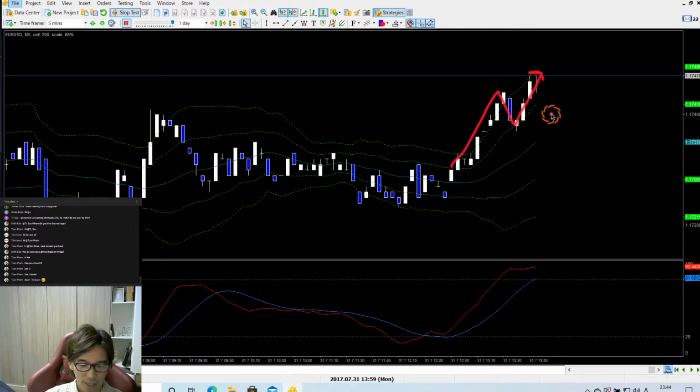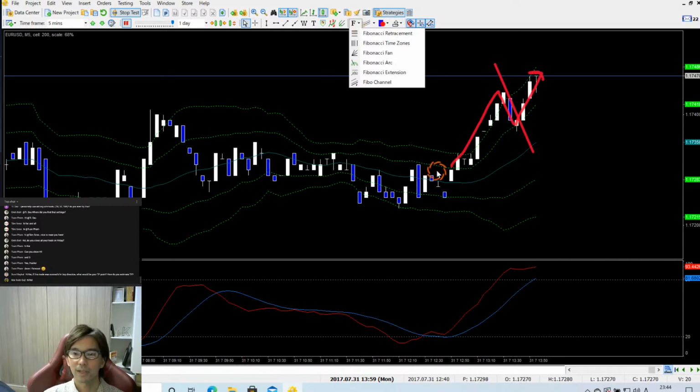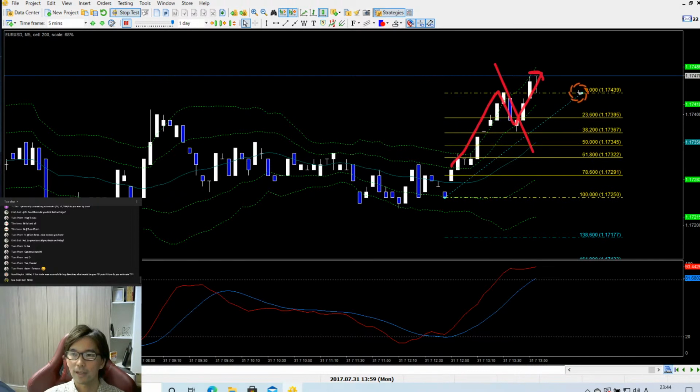And also there is a Cannon trend line breakout, and then I get this Fibonacci bounce over here, exactly at this 38.2%. So I got 3 confirmations: band walking, Cannon trend line breakout, and then Fibonacci bounce. So over here I will buy.